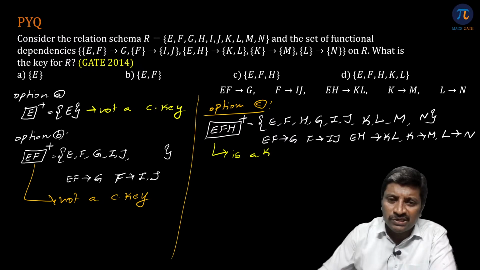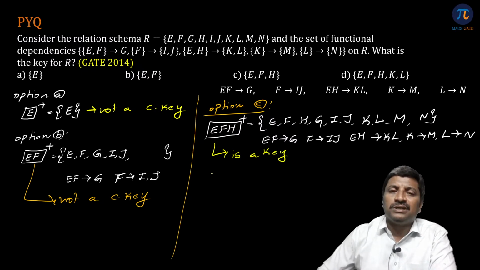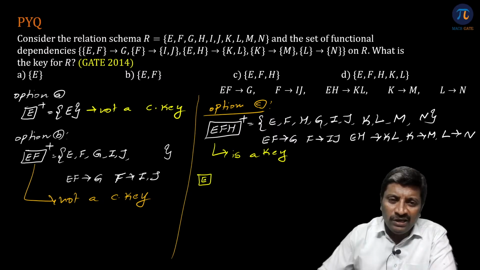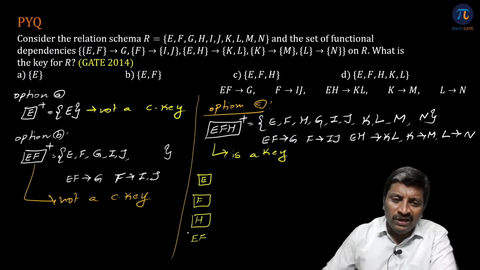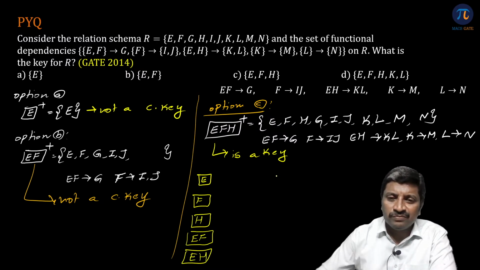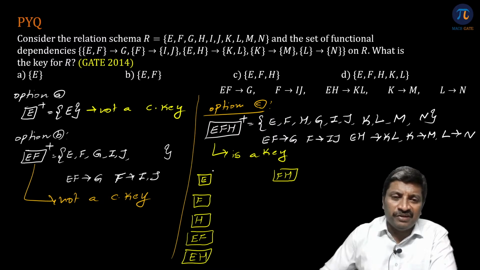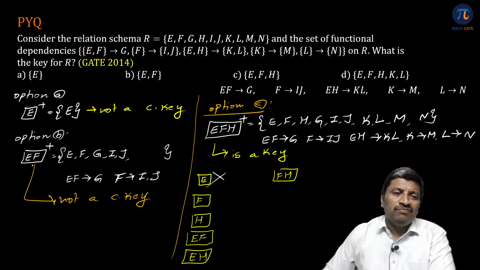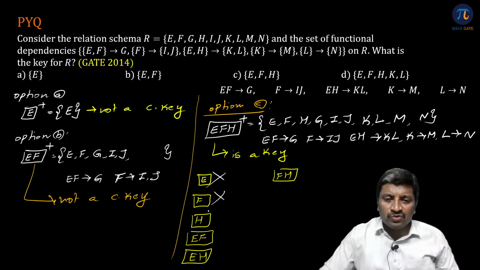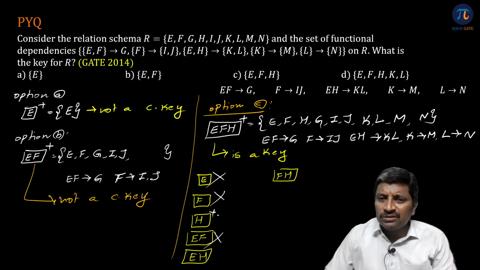Now the story is whether the individual ones are keys or not. Sir, only E, only F, only H, only EF, only EH, only FH. Try for this. E already we verified, sir. This cannot be. F, we are unable to get anything. So this is not. EF we tried. What about H, sir? With H, what can you get?